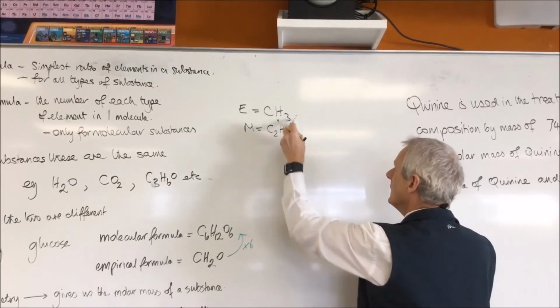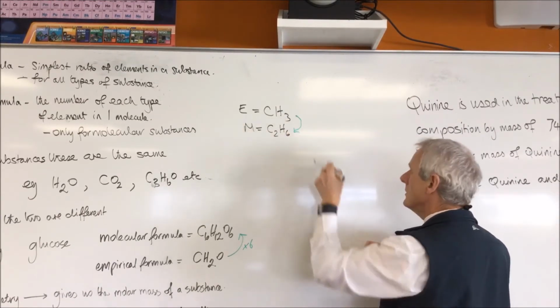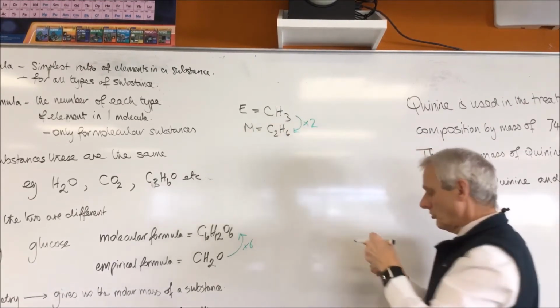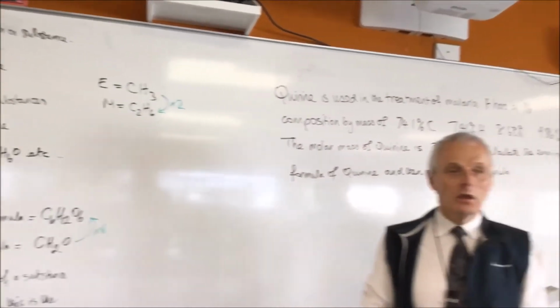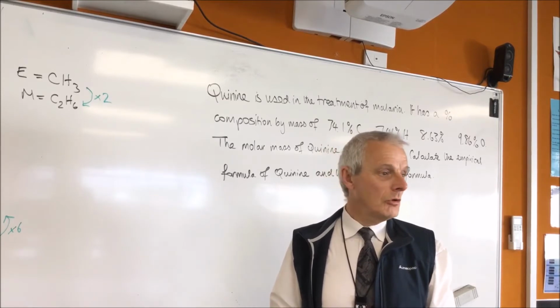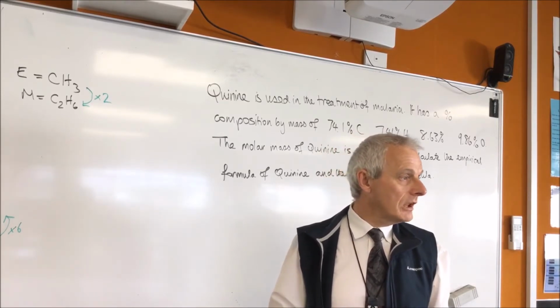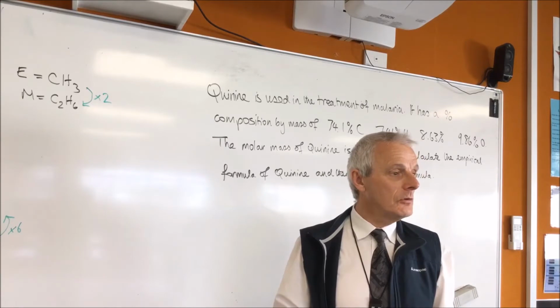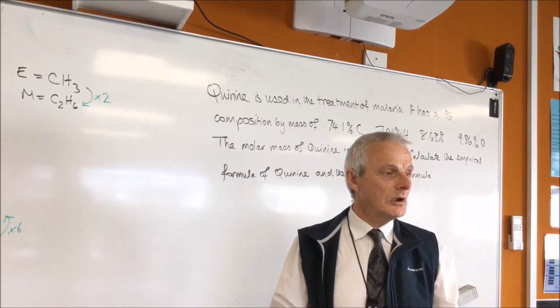The point I'm making is every time you go from an empirical formula to a molecular formula, you're multiplying by an integer number. It could be 2, 3, 4, whatever. So the molecular formula is always an integer times the empirical formula.